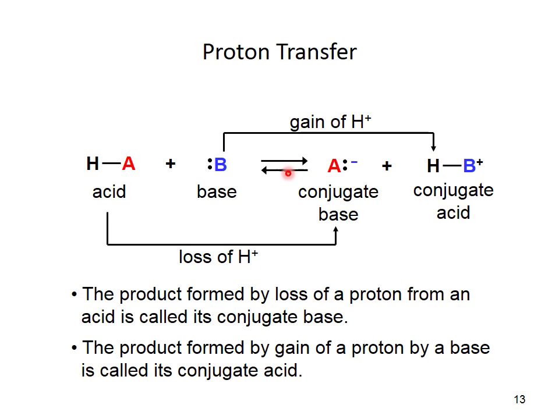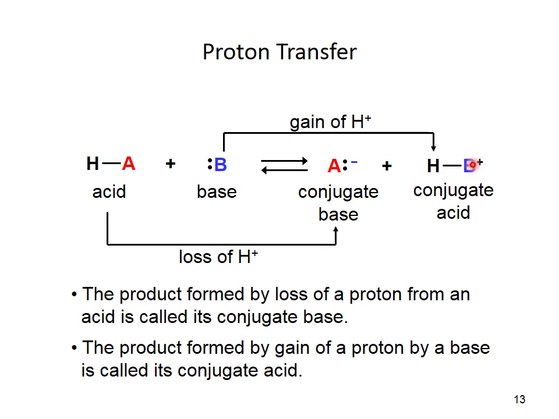You notice there's a double arrow. We're showing this being an acid and this being a base because they're going in the forward reaction. But look what happens to this thing that used to be the acid when it goes back this way. If I look at this going back this way, you see that it gains a proton. That makes it a base.